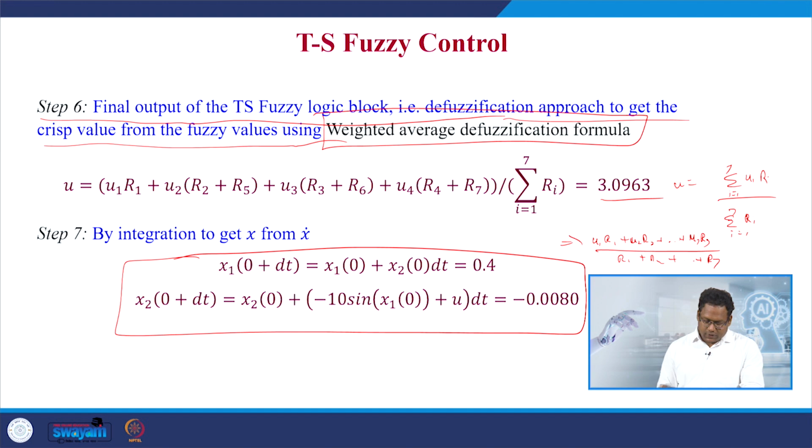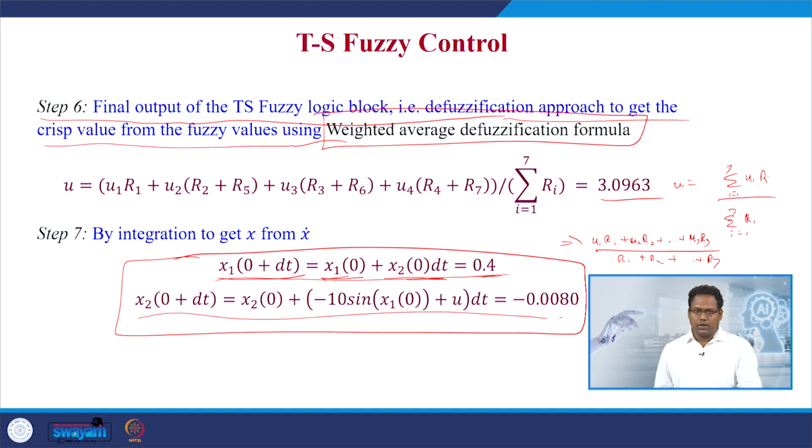In that case, x1 of 0 plus delta t equals x1 of 0 plus x2 of 0 multiplied by delta t, which is equal to 0.4. New position equals old position plus old velocity multiplied by time step. Likewise, for x2 we have obtained minus 0.0080.